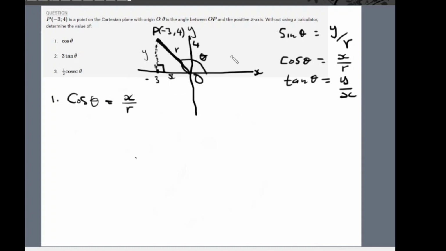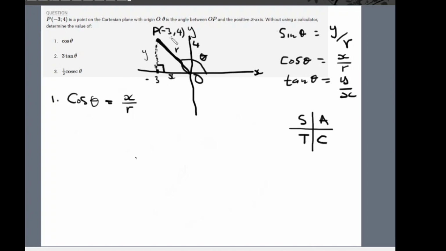Remember that I said you should know a CAST diagram. There we say in the first quadrant all the ratios are positive, in the second quadrant sine is positive, in the third tan is positive, and in the fourth quadrant cos is positive.